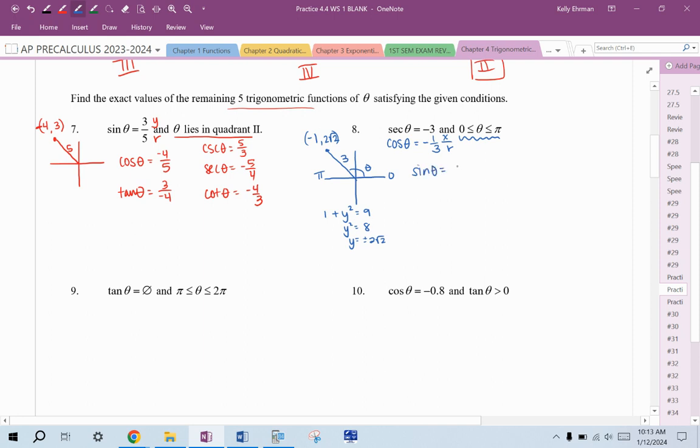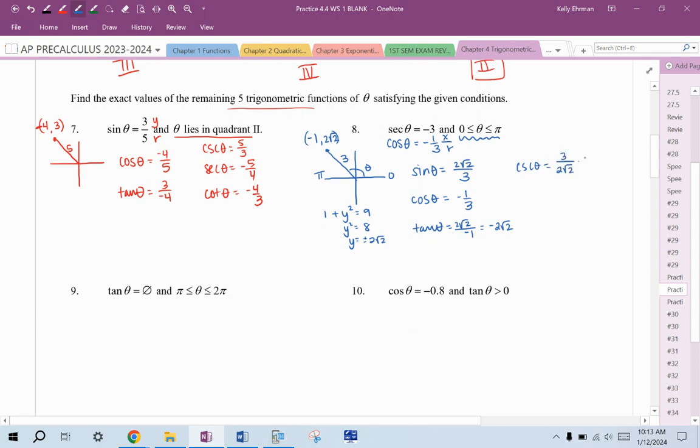So sine is equal to 2 radical 2 over 3. Cosine theta is equal to negative 1/3. I already had that from the reciprocal. Tangent theta is equal to y over x. So 2 radical 2 over negative 1. So negative 2 radical 2. Cosecant theta is 3 over 2 radical 2.